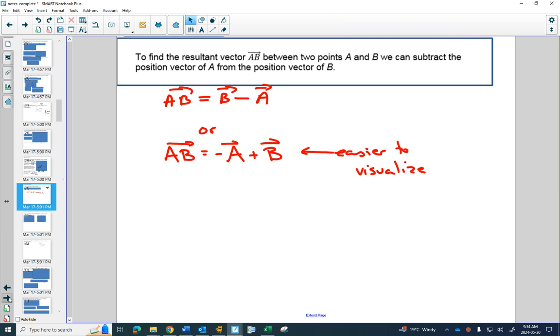It's easier to visualize negative A plus B. But it's a nicer formula when it's written as B minus A.